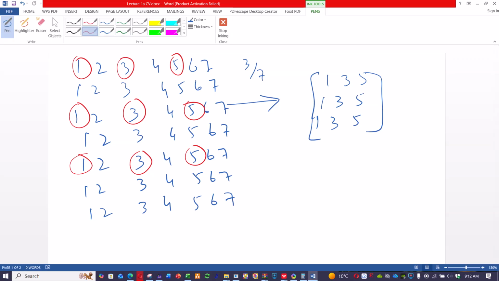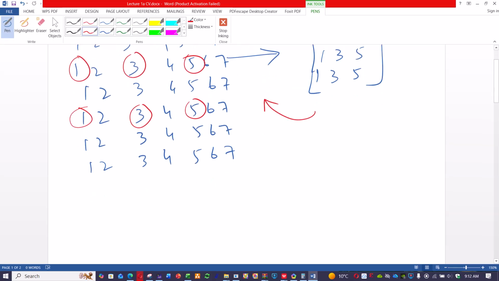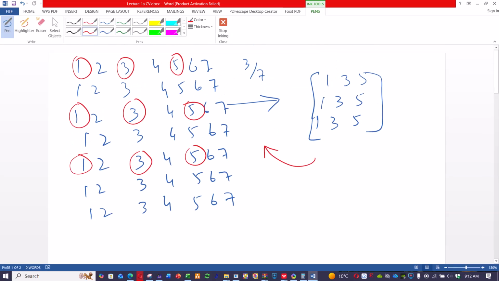If you want to go in the opposite direction, you need to increase the size, so you need to put in pixels, for example here 2 pixels there, and there would be another row that you need to add, and similarly the other rows here.